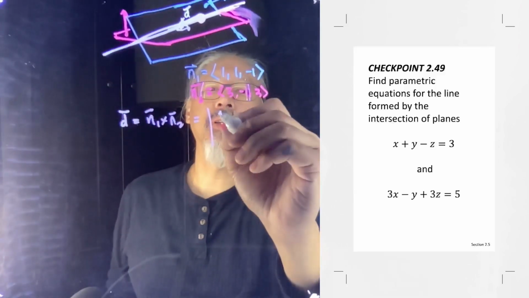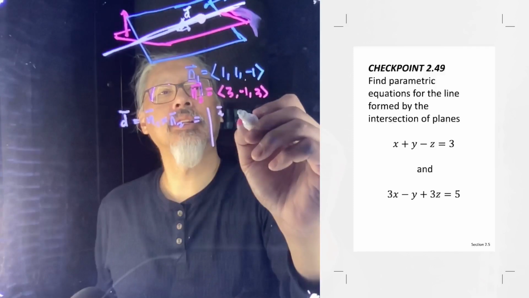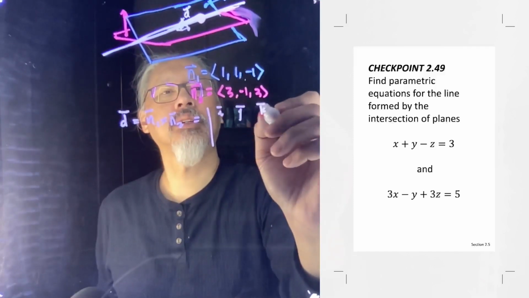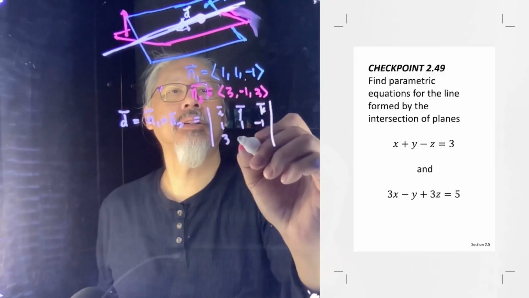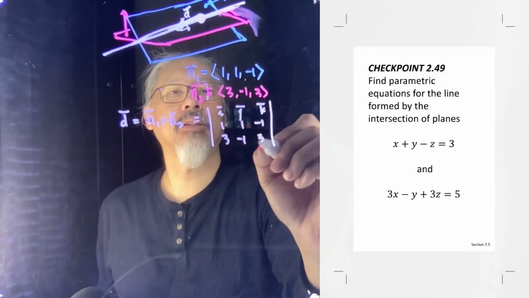which is going to be set up as a determinant of a matrix: 1, 1, negative 1, 3, negative 1, positive 3.